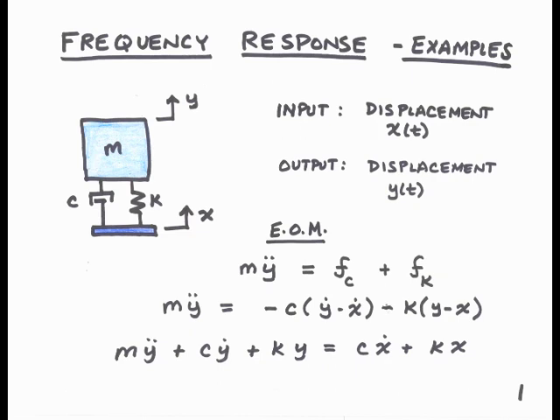The force from the damper is minus c times (y dot minus x dot), and the force from the spring is minus k times (y minus x). So we can simplify this equation of motion to m y double dot plus c y dot plus k y equals c x dot plus k x. We've moved all the x terms to the right hand side and kept all the y terms on the left hand side.